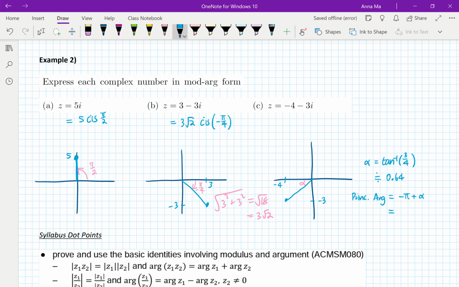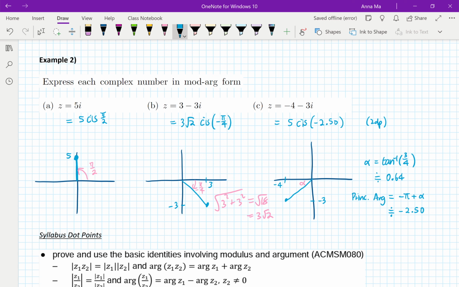So if I jot that on the calculator, I get negative 2.50. Maybe I should do an approximately equals sign there as well. With the modulus, it's 4 versus 3. We can see that it's 5 straight away, so it's going to be 5 cis negative 2.50, 2dp.